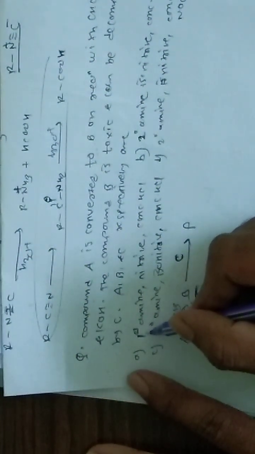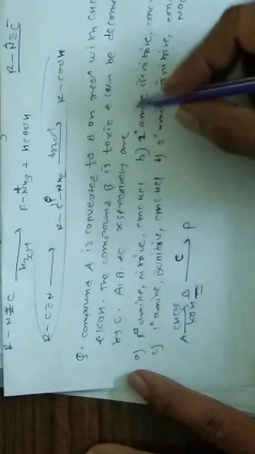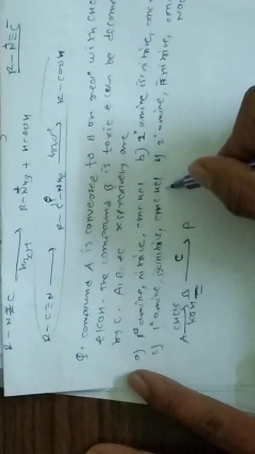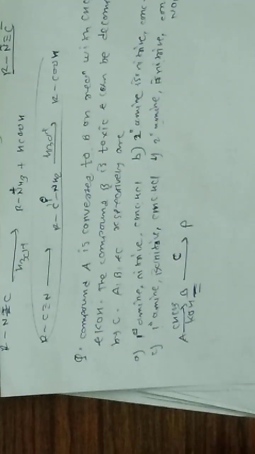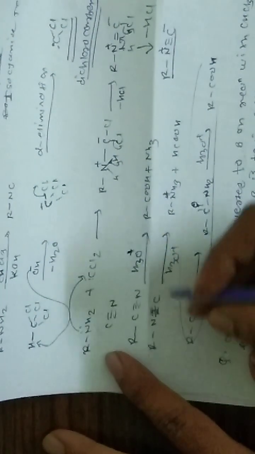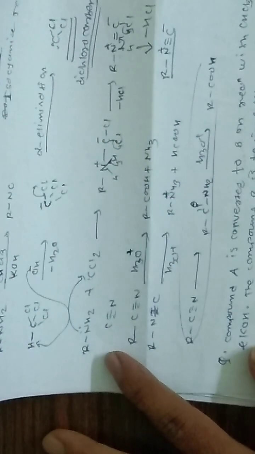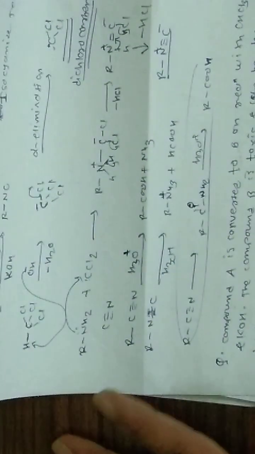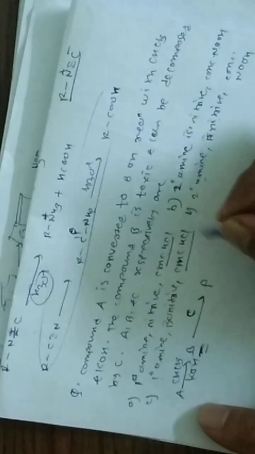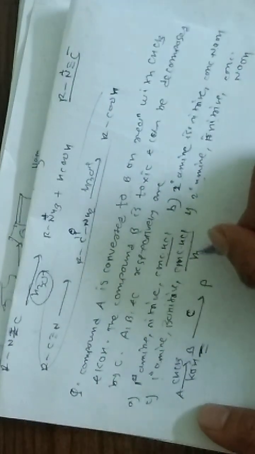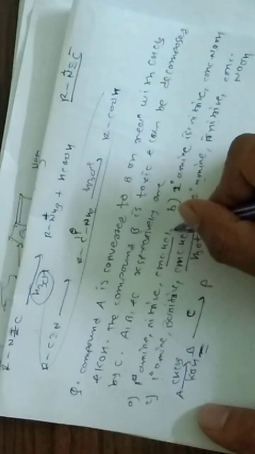Option A is primary amine, nitrile, concentrated HCl; B is secondary amine, isonitrile, concentrated NaOH; C is primary amine, isonitrile, concentrated HCl; D is secondary amine, nitrile, concentrated NaOH. Now I already told you that hydrolysis of isocyanide is in acidic condition, giving RNH2 plus HCOOH, so acidic hydrolysis should be there. In the options, concentrated HCl means hydrolysis, indirectly you can write H3O plus.